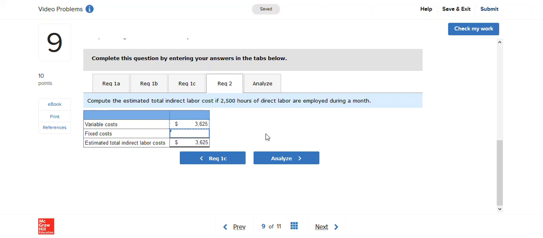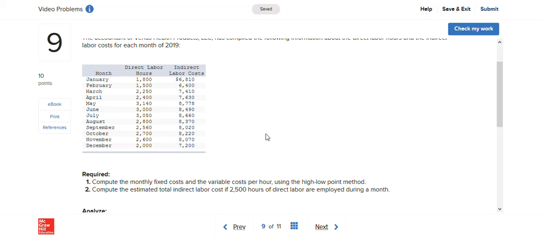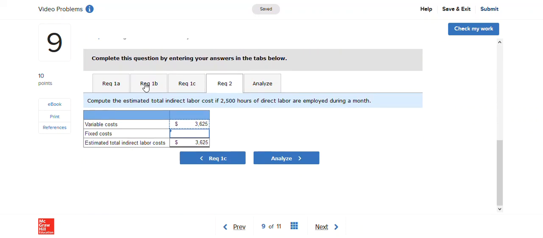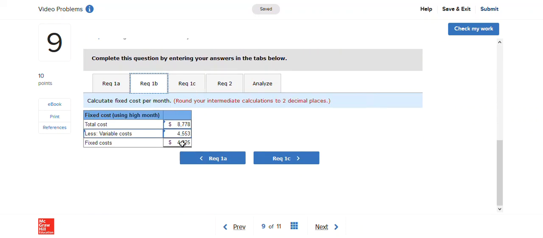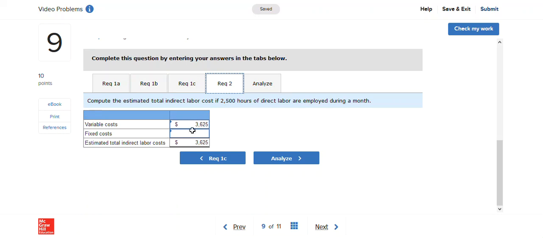That's our variable cost. Our fixed cost we calculated somewhere right here, 4,225, that's what you calculated in requirement 1B, so just bring that over here. They're fixed, so they're not going to vary. So our estimated total indirect labor cost is the total of those two.